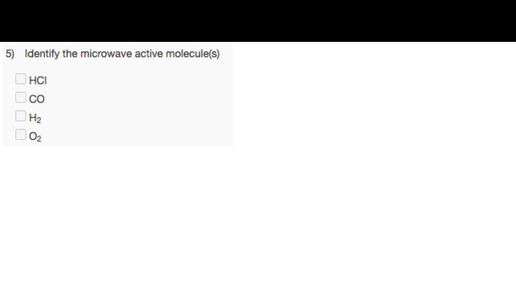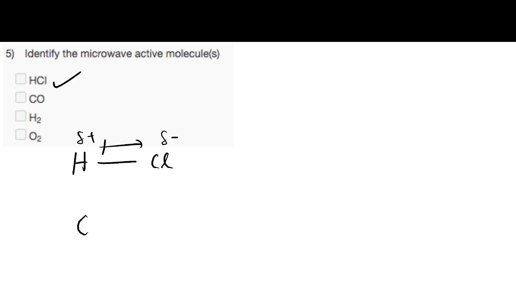So if you see here, the question is asking to identify the microwave active molecule. So what was the condition? The molecule should have permanent dipole moment. So first is HCl. The electronegativity of chlorine is higher than hydrogen, so obviously it will have delta minus, delta plus. So it has some permanent dipole moment, so this will be microwave active.